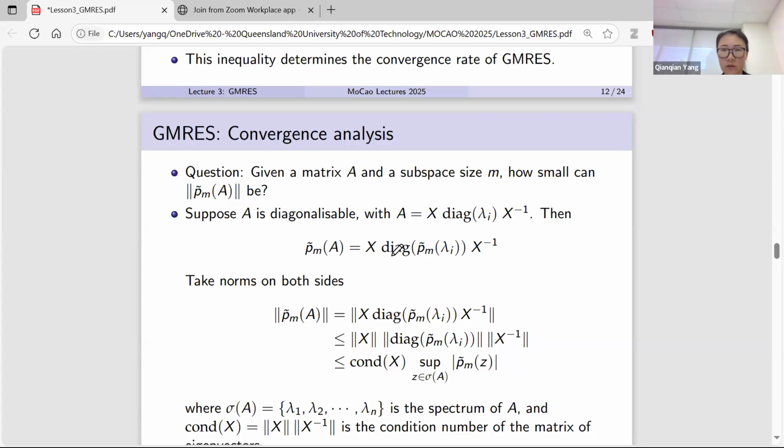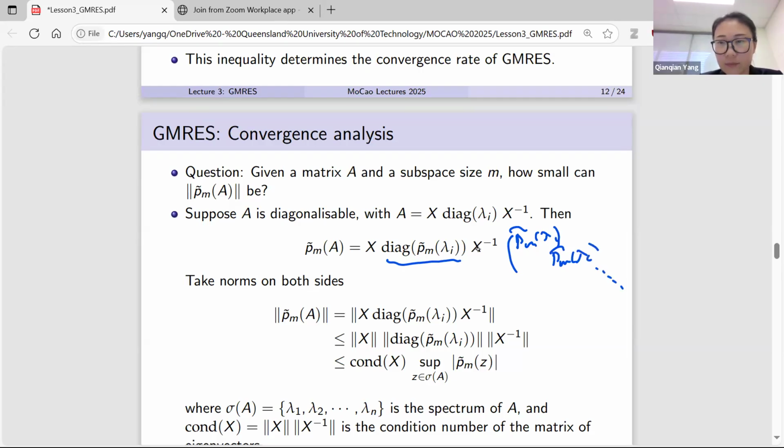You can imagine that on the diagonal, you have Pm(lambda 1), and then Pm(lambda 2), and so on.